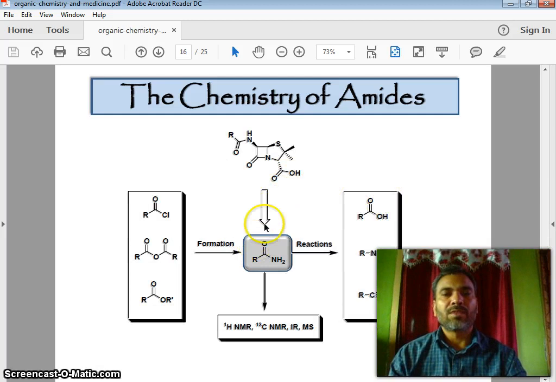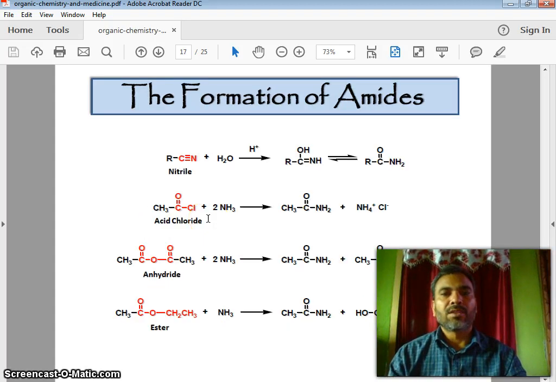So, if you have these compounds, you have the amide, then you have characterizations: proton NMR, carbon 13 NMR, IR, MS, mass spectroscopy. Then you have reactions. It gave acid, NH2, cyanide, and formations with the help of this. So the formation of amide from the nitrile, from acid chloride, from anhydride, from ester.